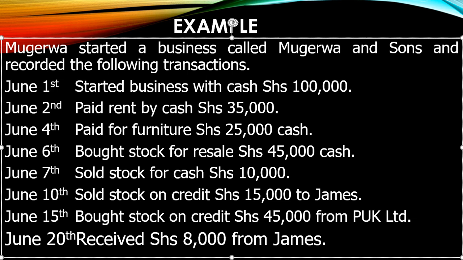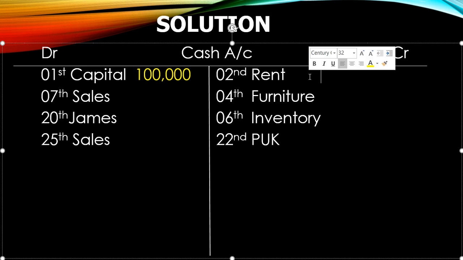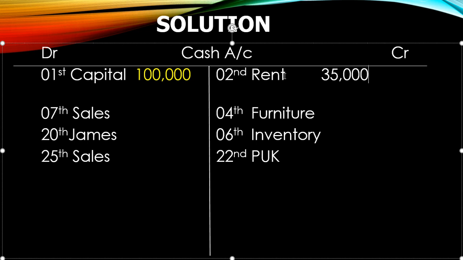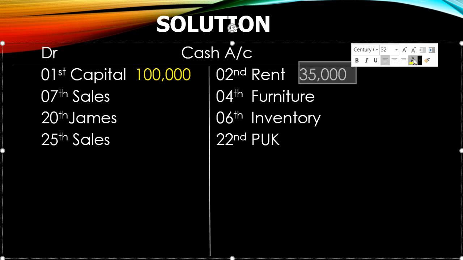So now our cash account is here. That is happening on the second. Rent is 35,000. Then we go back, we go to the other side. Then we are paying by cash.